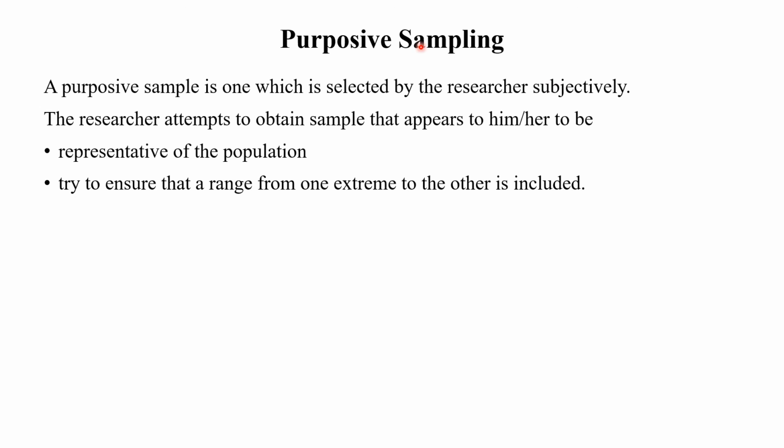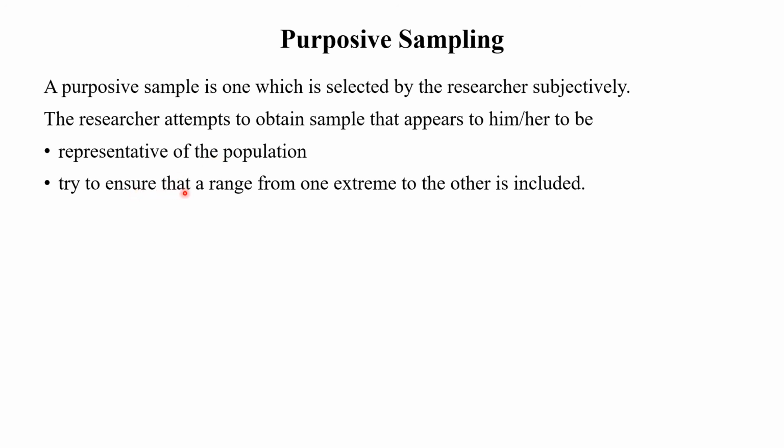Purposive sampling. That sample was taken purposely, the reason being it is the oldest or the first university in the country. Right? The researcher attempts to obtain a sample that appears to him to be representative of the population. How representative it is, is still questionable. But he justified that it's the first university, the oldest university. That's the only reason we have.